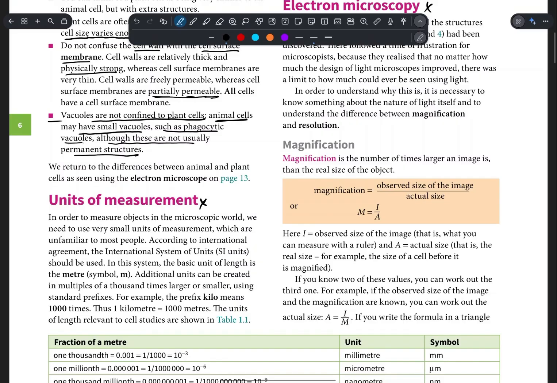It means that vacuoles are not just limited to the plant cells. Animal cells may have vacuoles as well, like phagocytic vacuoles, like lysosome, which makes a phagocytic vacuole. When we study about vacuoles, sometimes we have misunderstood that vacuoles are only present in plant cells, but it is wrong.